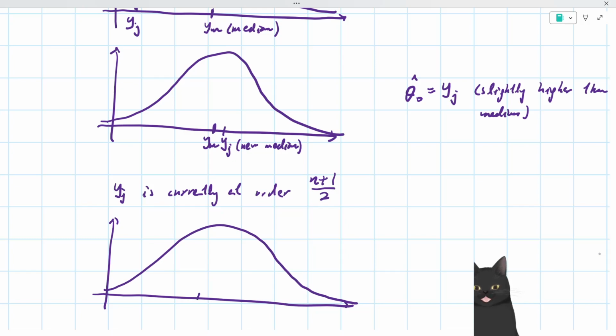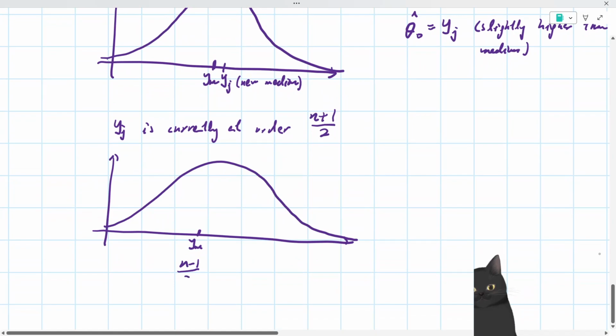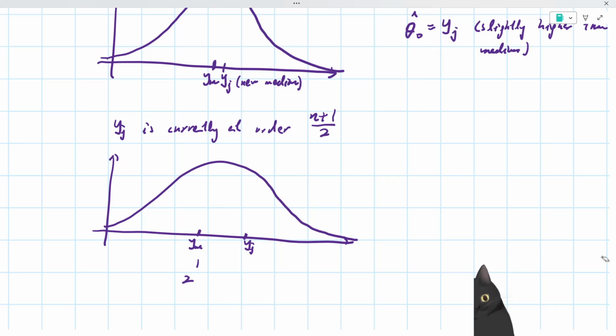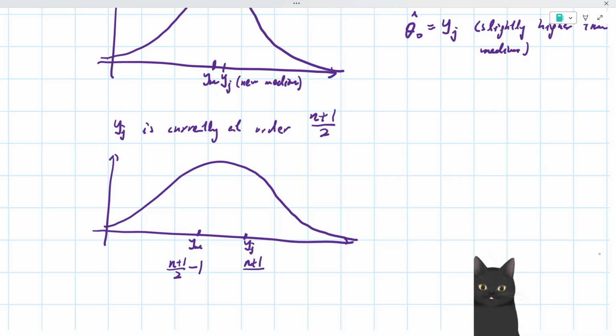So the original median is now something like at the order of m minus 1 over 2. And I'm going to increase yj such that its current value is going to be, actually no, this is going to be m plus 1 over 2 minus 1 because it reduces order by 1. I'm going to increase the order of yj such that it's equal to m minus 1 over 2 plus 1.